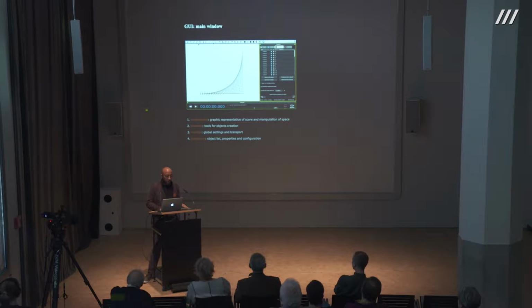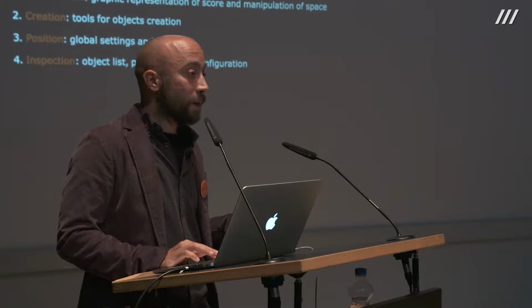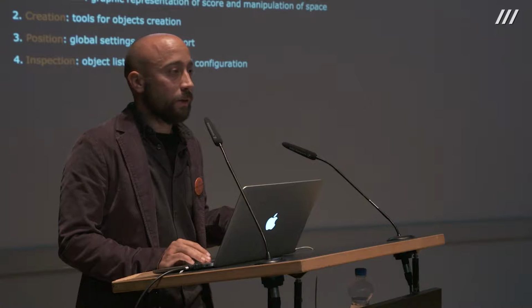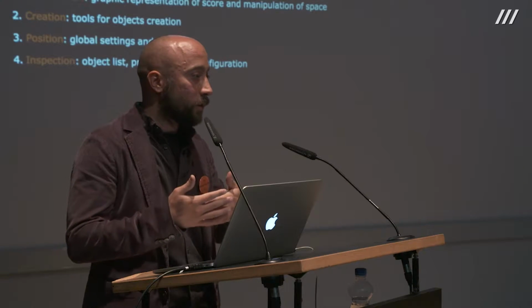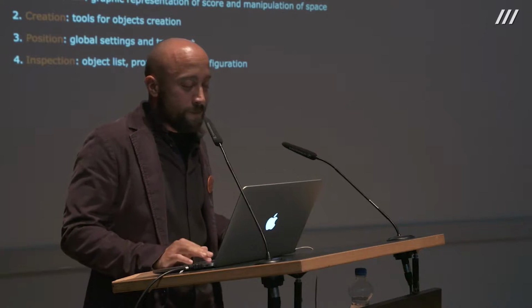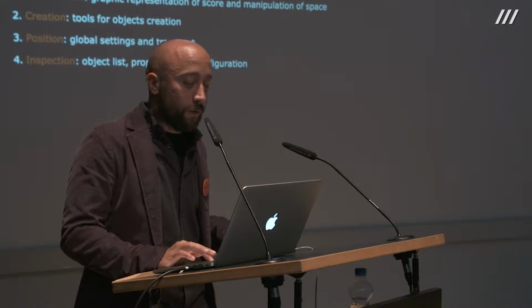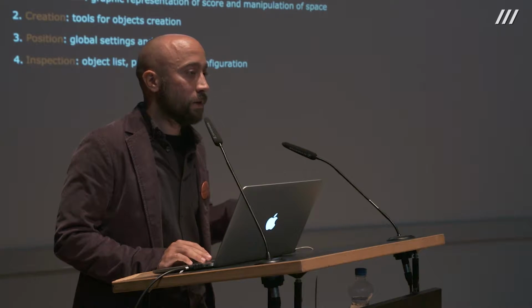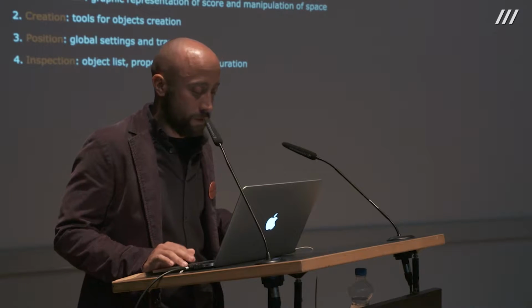Then we have a toolbar on top. A main sequencer, I would call it, because as you see, we can set different cursors, so every cursor is actually a sequencer. And an inspector for controlling object attributes and system software configuration.